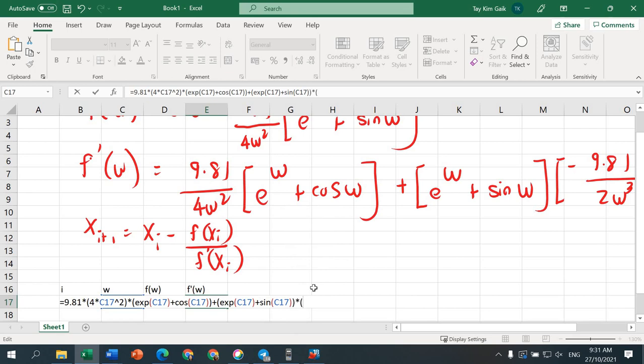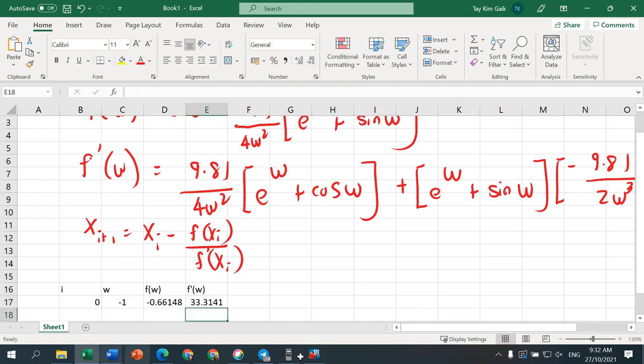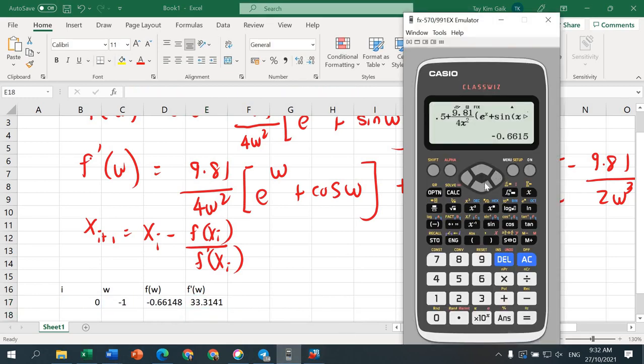Multiply negative 9.81 divided by 2 times w, which is C17, cube. Is there something wrong?